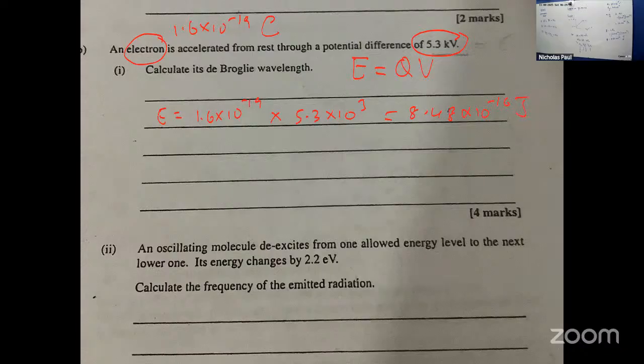And then we're going to use E is equal to hc on lambda. And we know what lambda is, right? Lambda is equal to hc on E. Plug it in now, tell me what you get for lambda. The 6.63 by 10 to the minus 34, right?